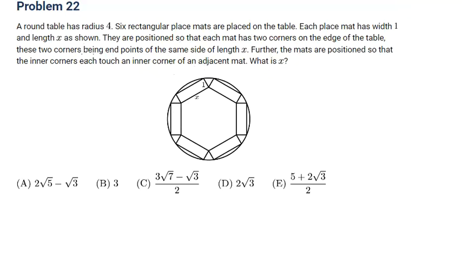These 2 corners are the endpoints of the same side of length x. Furthermore, the mats are positioned so that the inner corners of each touch an inner corner of the adjacent mat.